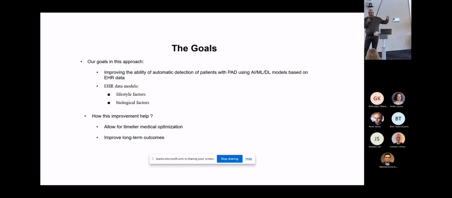We model what happened to the patient over his whole history, and we can also model biological factors. This would help in more timely medical improvement and optimization, and would improve the long-term outcomes.